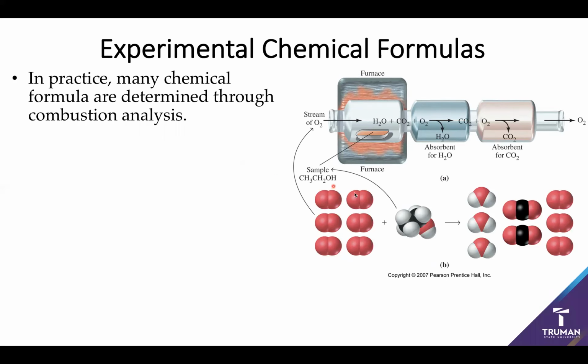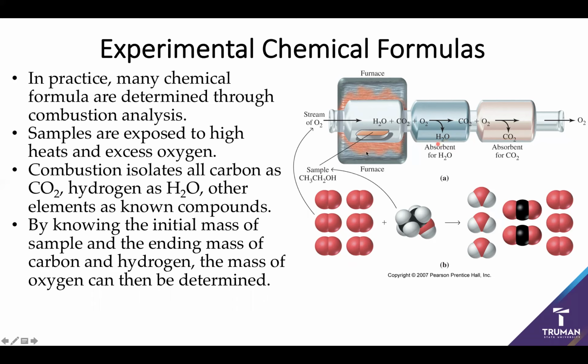But essentially what ends up happening here is that we can then isolate all of the CO2 and the water to find the mass of water and CO2 present. And by knowing the initial mass of our sample that we fed in, and the mass of hydrogen present in water and carbon present in CO2, because again, we know their molecular formulas, we can essentially determine the mass of each of the elements and the total mass.